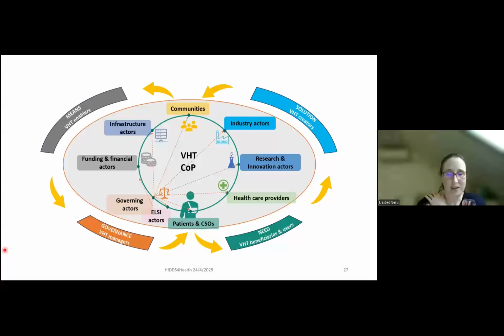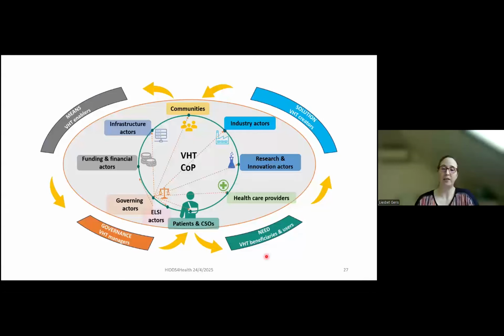Now, when I talk about the VHT ecosystem or the community of practice, as you see here in the middle of the slide, then this is really anybody and everybody that has an interest or a stake in this endeavor. And of course, it starts with patients and civil society organizations here at the bottom in the middle, because they have the need.